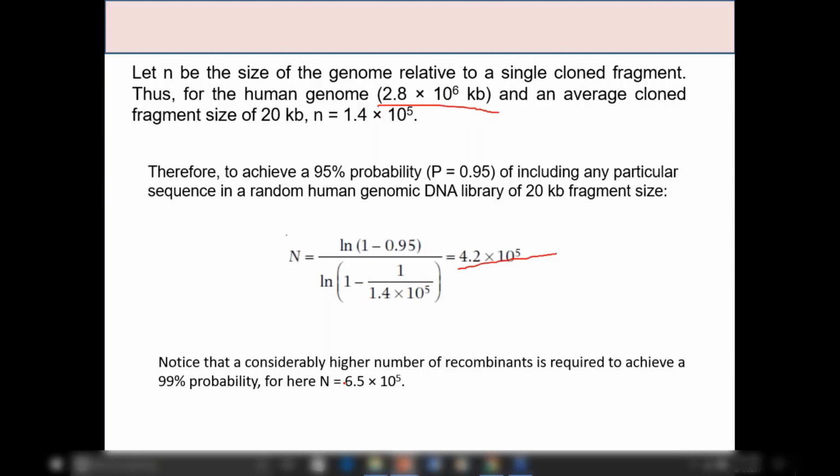If I want to cover 99%, then I need 6.5 into 10 to the power 5 clones. I just want to show you the complexity of DNA library creation.